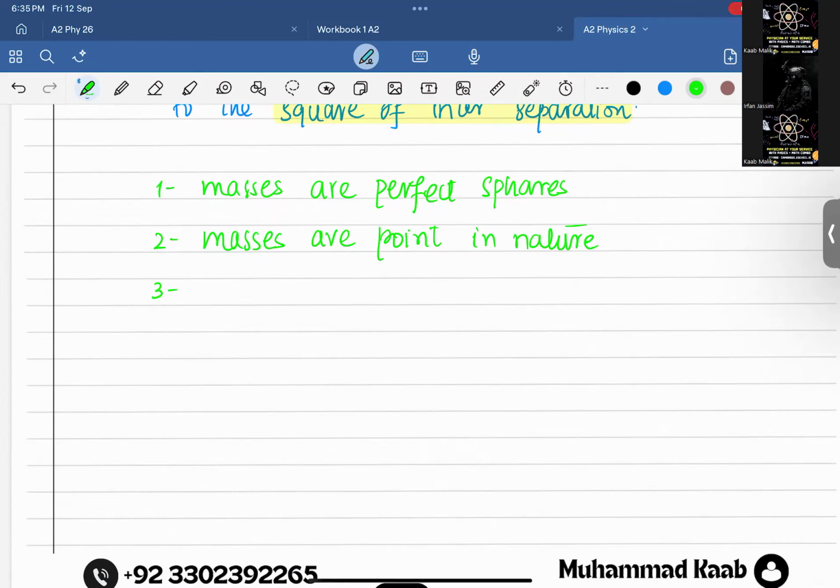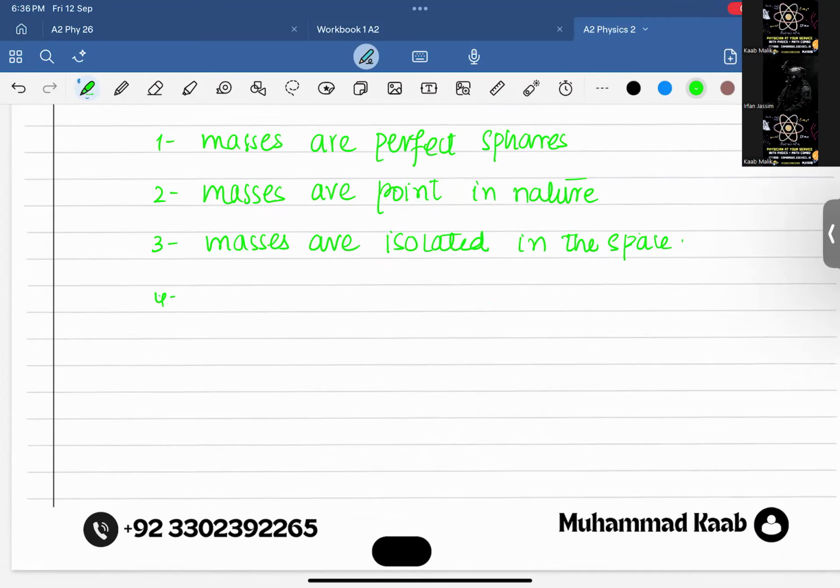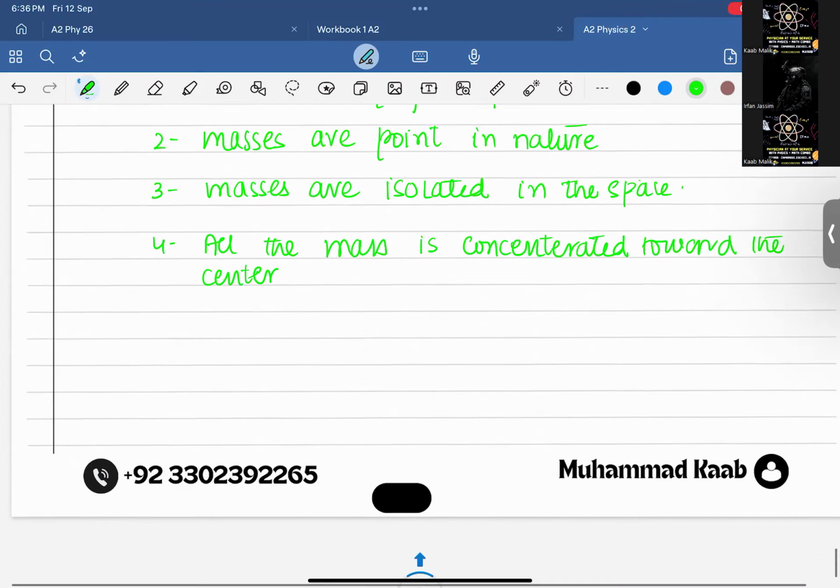And the third thing is masses are isolated in the space. The fourth thing is all the mass is concentrated toward the center.